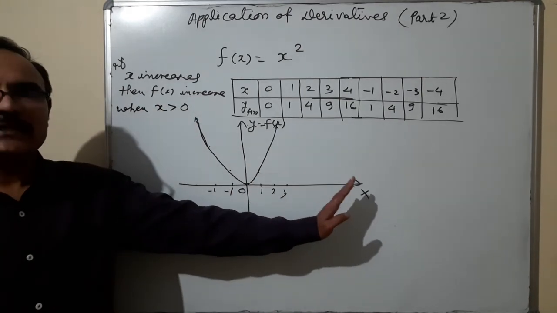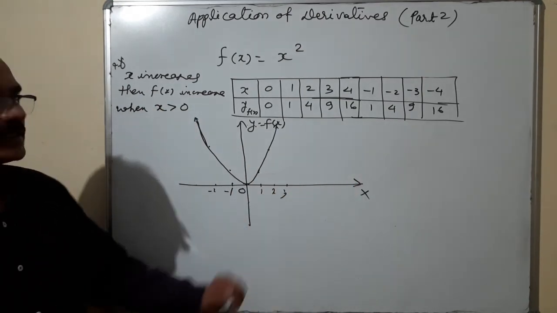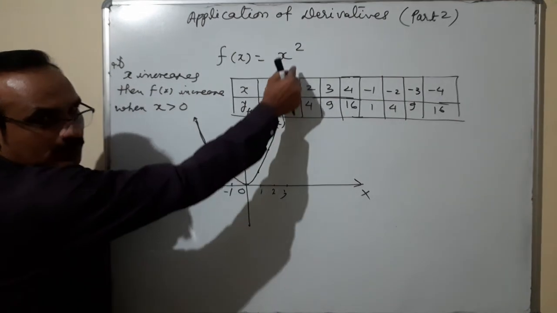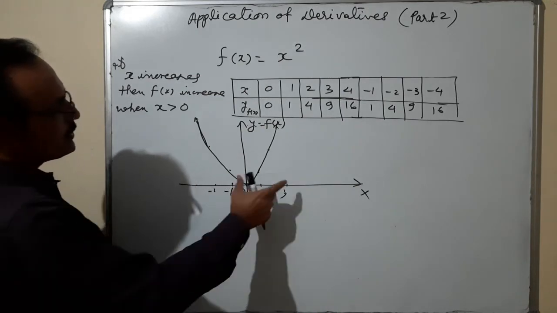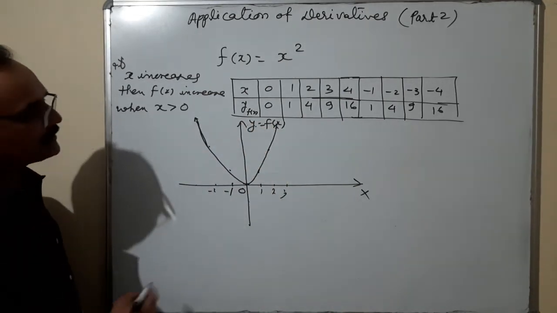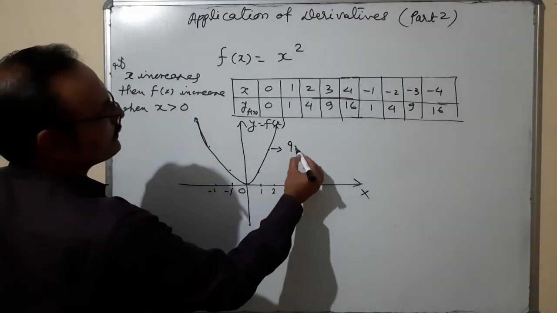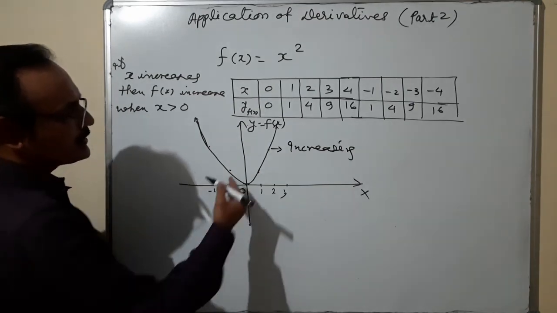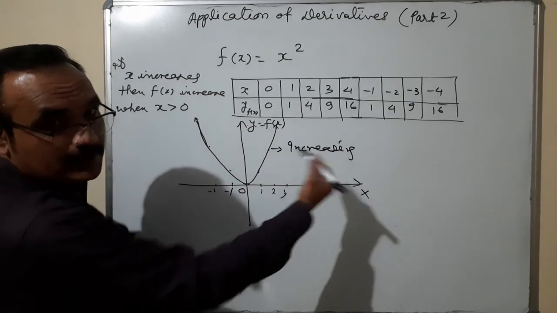Here we are talking about x greater than 0. That means on the right hand side, the value of x is increasing, then the value of f of x is also increasing. So in this interval, x greater than 0, the function is increasing.